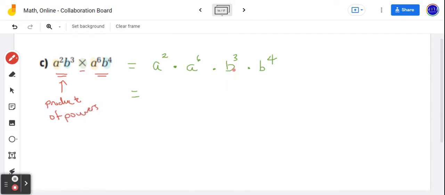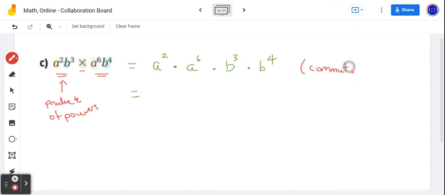Now, as a strategy or as a tool for solving, what we've done over here is because we're multiplying every single term together, okay? So we're multiplying the product of powers together, and within each of those powers, there's multiplication between the terms. So what we can do is apply the commutative property.